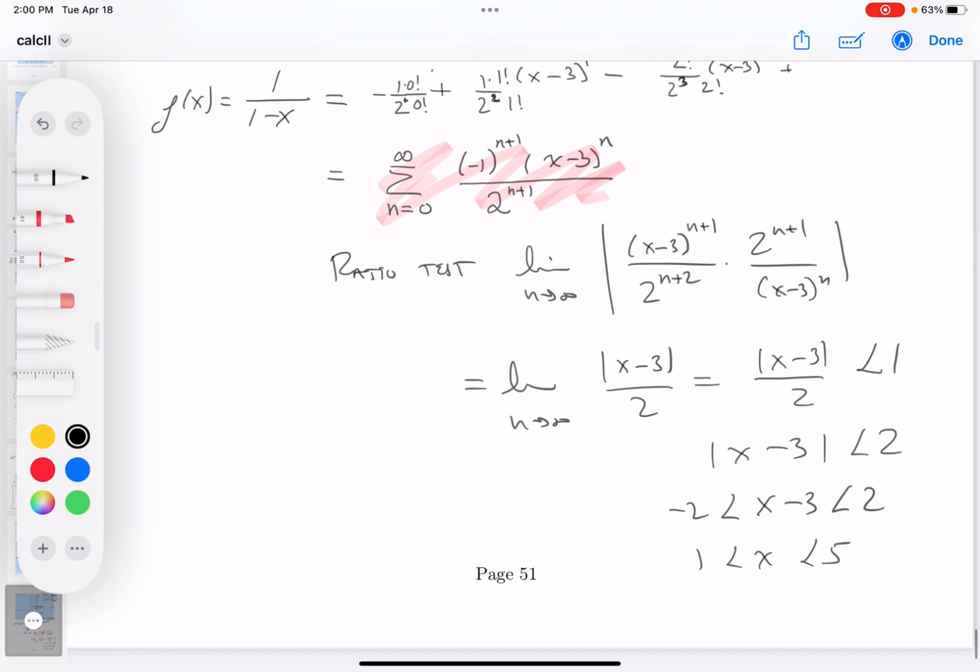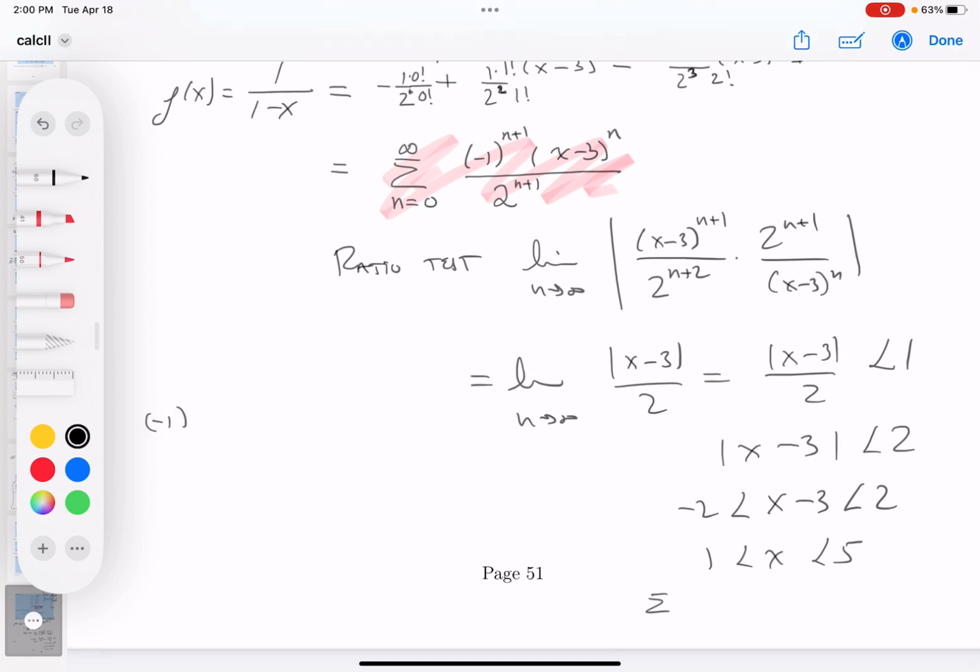If I tried 1, what would you get? You'd get this over here. Let's see, if I tried 1, I get minus 1. That would be, let's write this down, I'll write it on the side. Minus 1 to the n plus 1. I'm plugging in x equals 1 now. And you're going to get minus 2 to the n over 2 to the n plus 1.